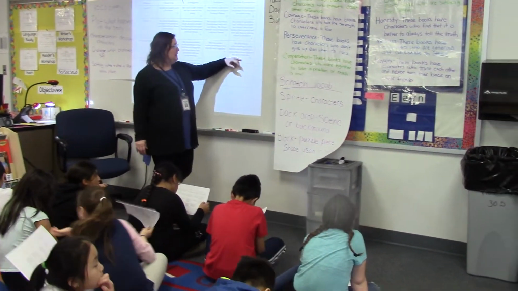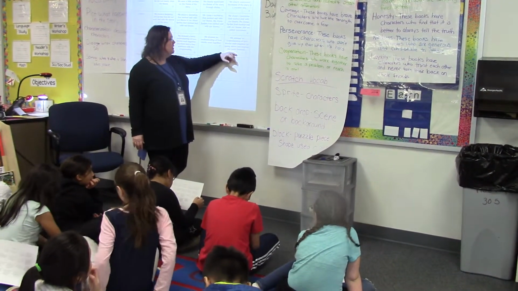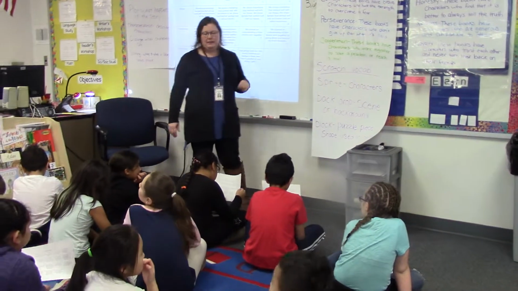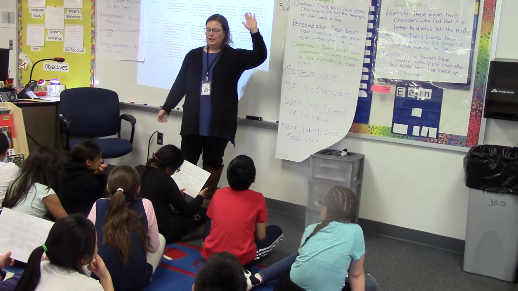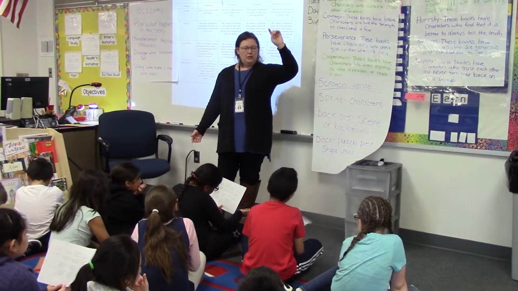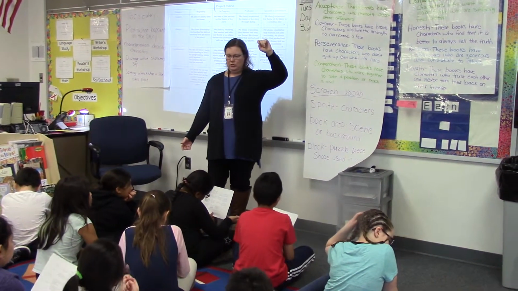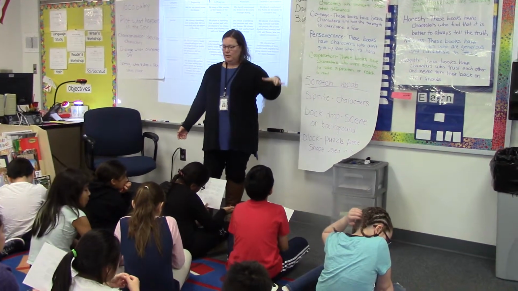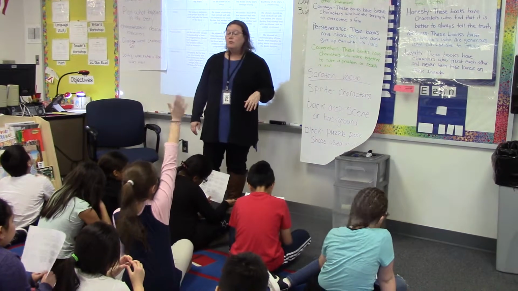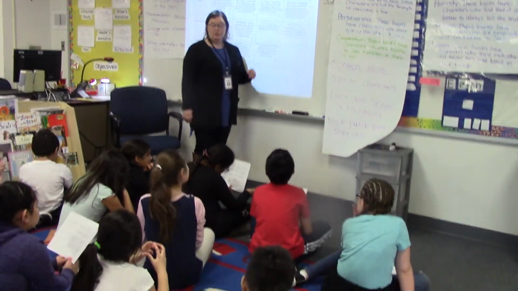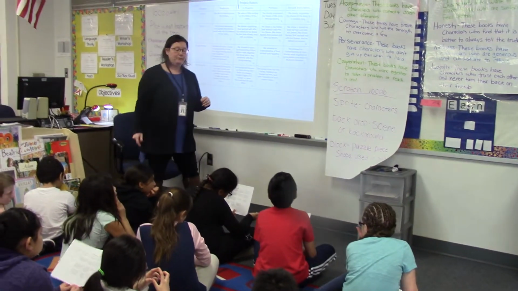And to be exceeding expectations, you went above and beyond the basic features. You didn't use just the blocks that are initially there. You clicked on the more blocks, which I'll show you in a little bit, and you used other types of blocks as well. We're not using Tinker, we're using Scratch. It's very similar to Tinker.